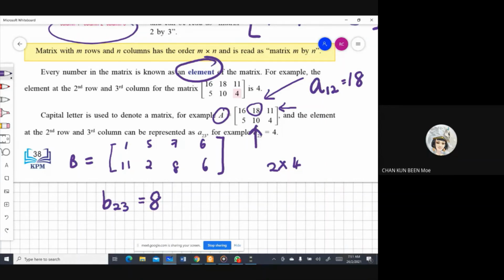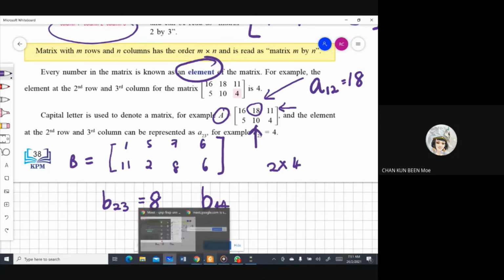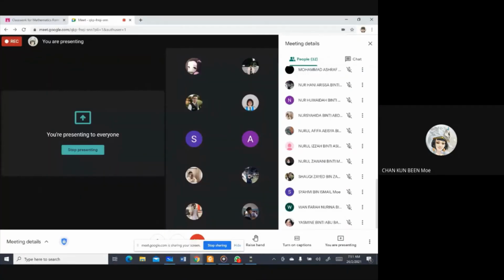I want to question another one. What is the element for B44? Zawani, are you there?